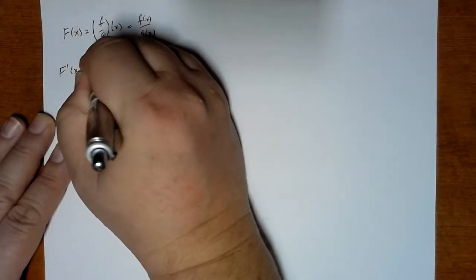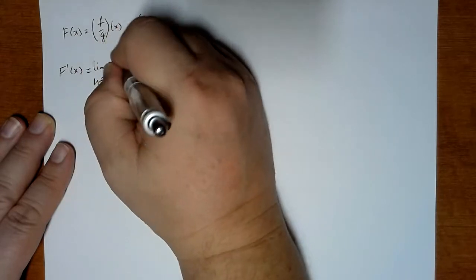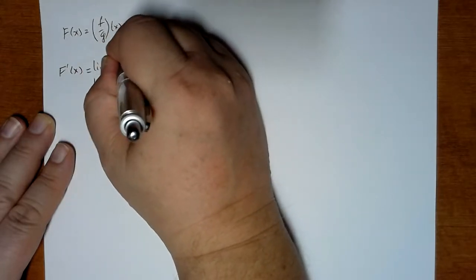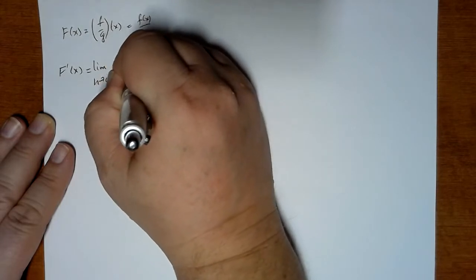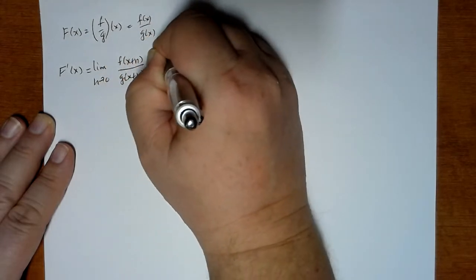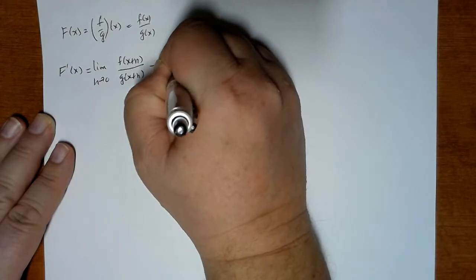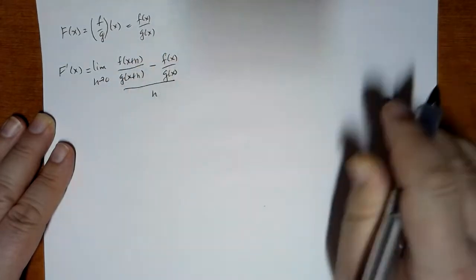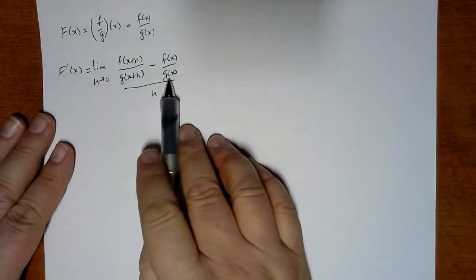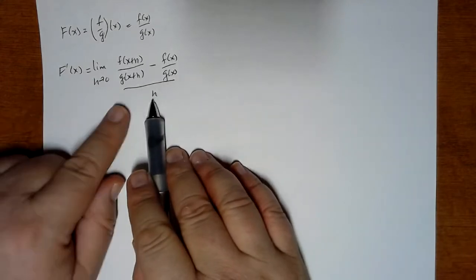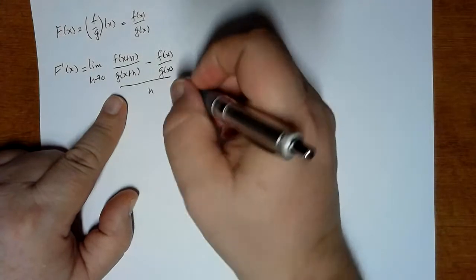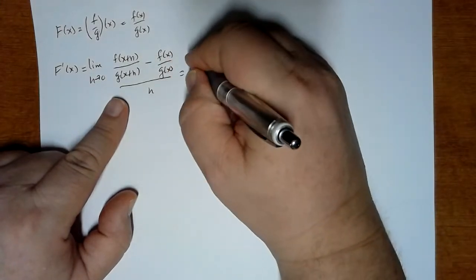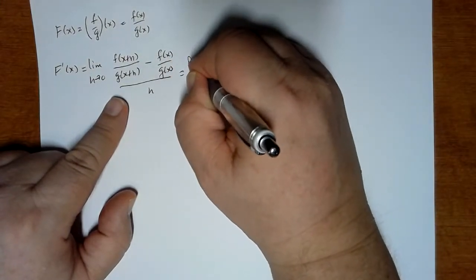It is the limit as h goes to 0 of f of x plus h over g of x plus h, minus f of x over g of x, all divided by h. Good. Now this looks like a couple of problems from the exam, right? Okay, careful.